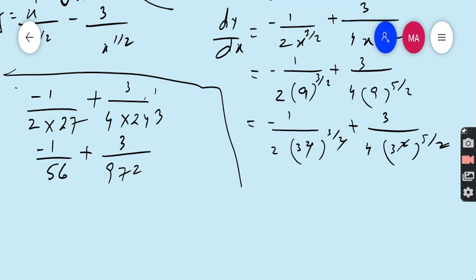Sorry, 27 to the 54. By using a scientific calculator, find the direct answer.